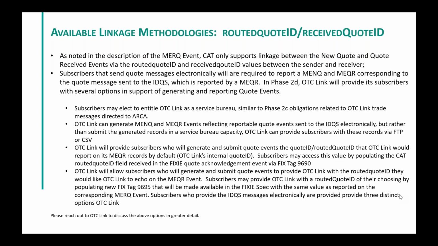If that flag is not turned on, CAT will process duplicate routed order IDs reported between sender and receiver, same symbol, as a reject due to duplication.